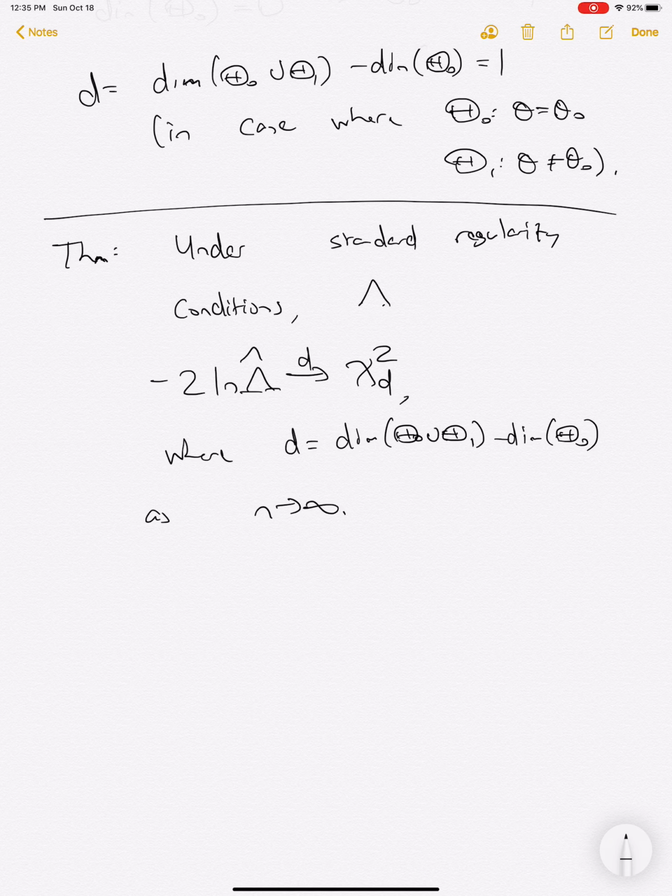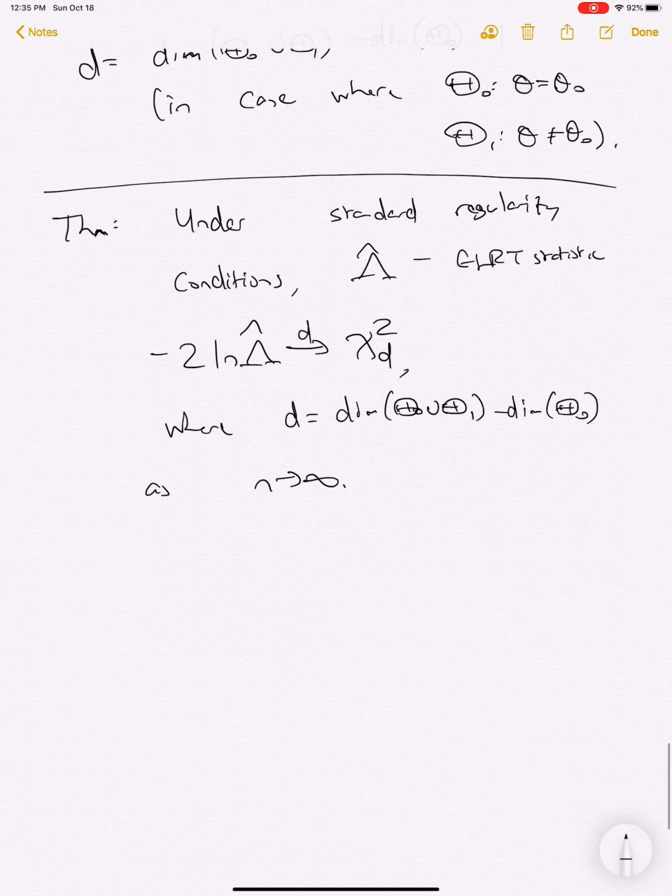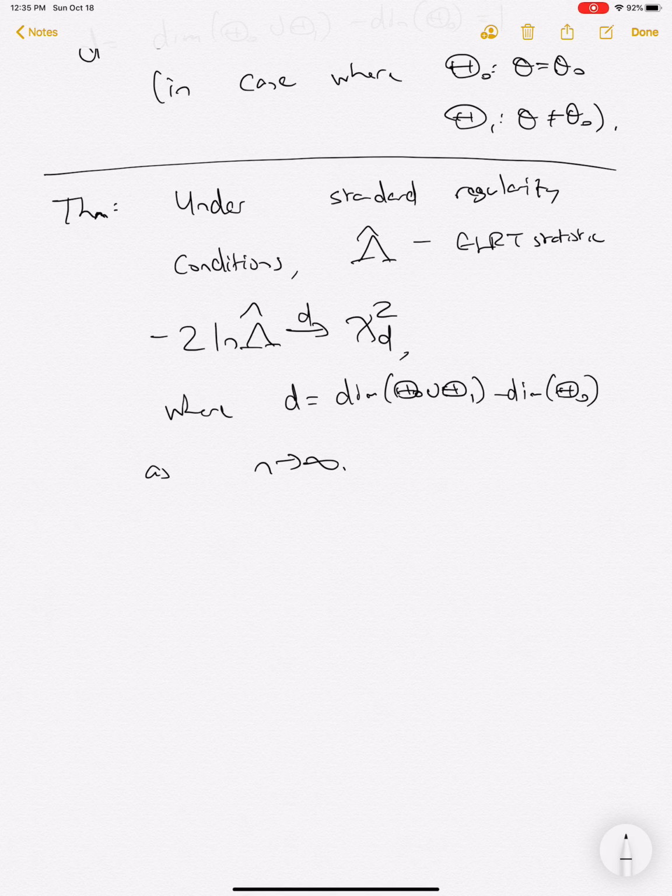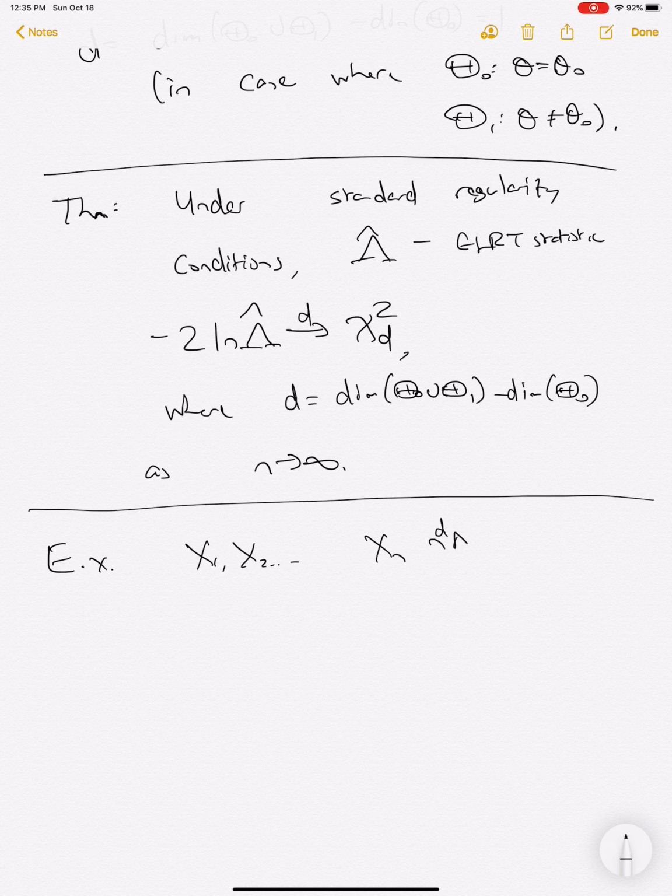So gamma hat here, lambda hat, is the GLRT statistic, and this is what we get for the distribution. So let's take a look at this in action. If we go back to this first example, we'll see that things work out really nicely here.